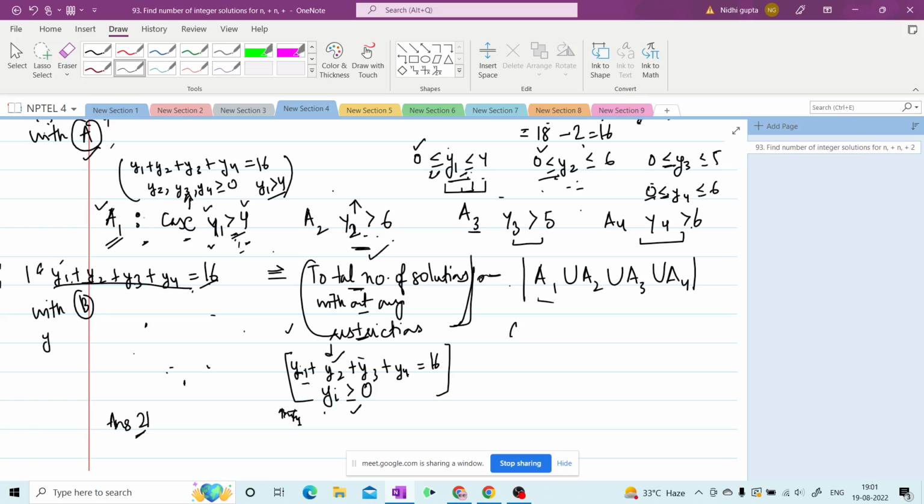No, ma'am, 21 minus 16 will give 5, ma'am, with integer solutions. They didn't give a range, so it will come to 21 solutions, ma'am.